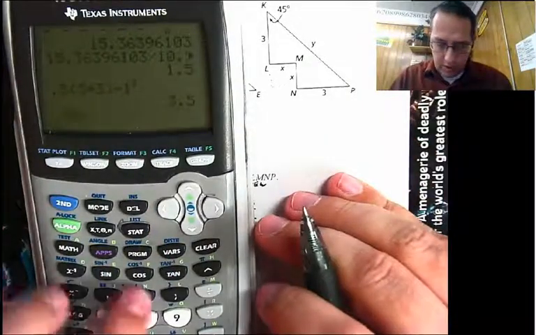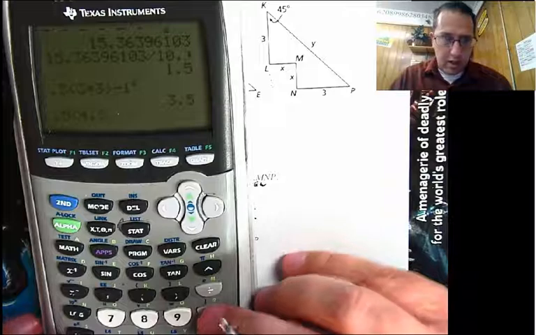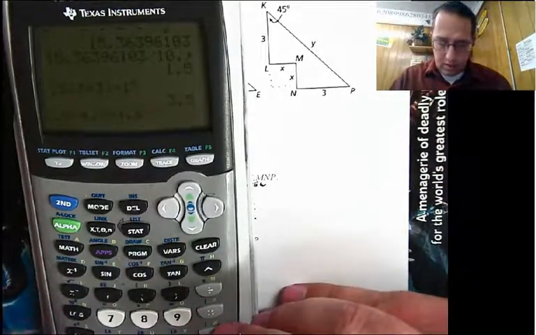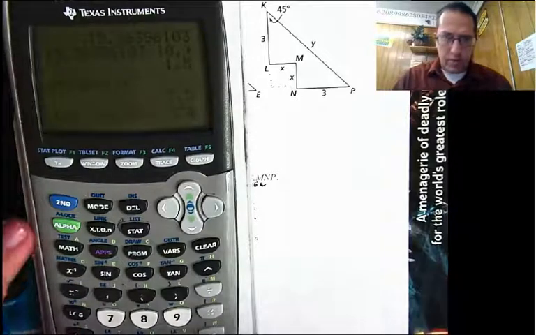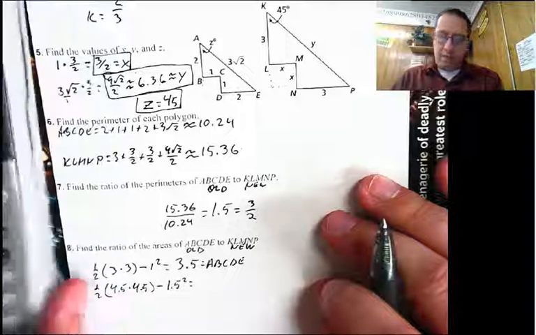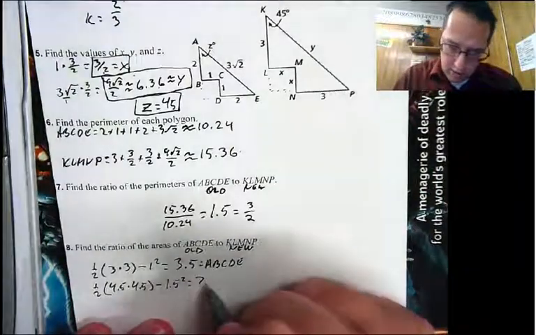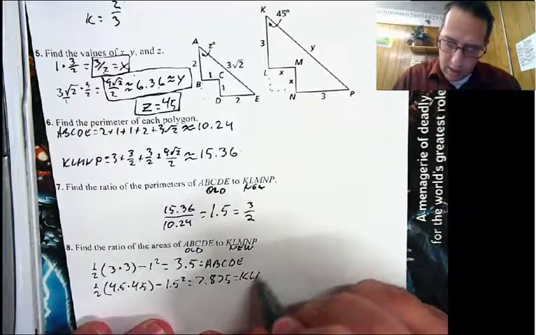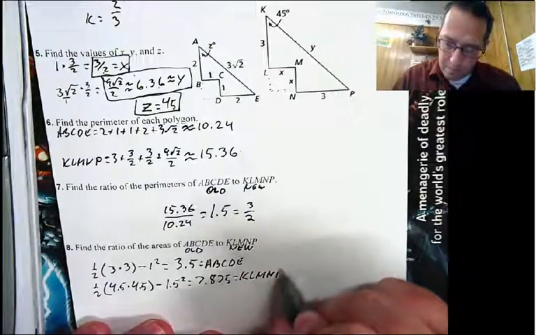Okay, so 0.5 times 4.5 times 4.5 minus 1.5 squared, which is 7.875. This is going to be K, L, M, N, P.